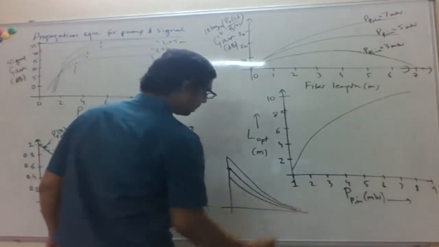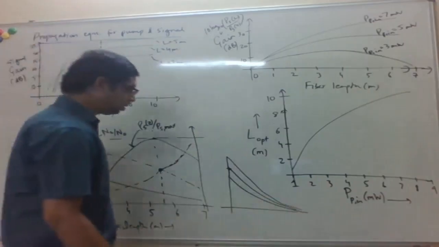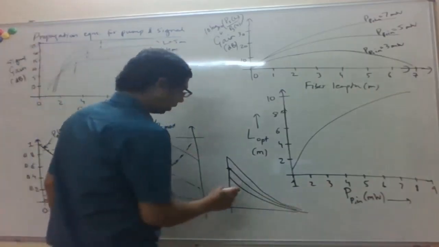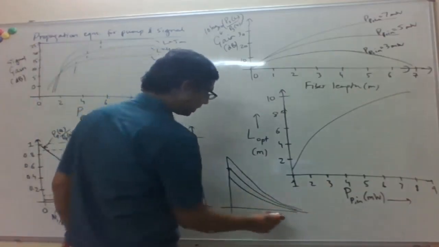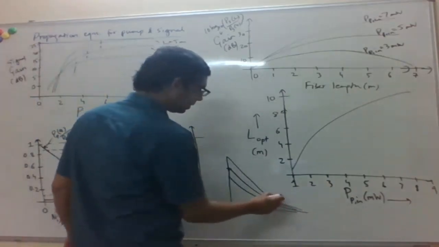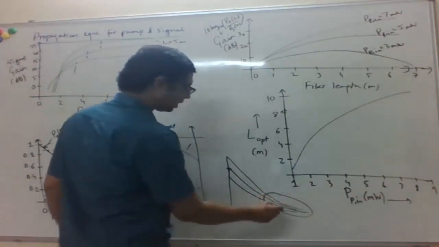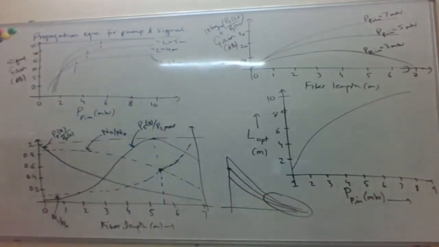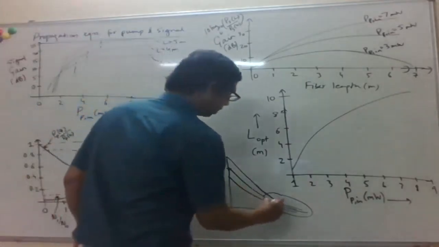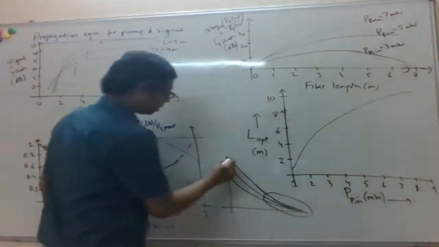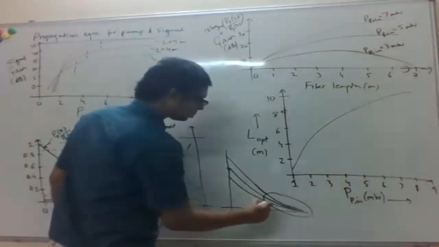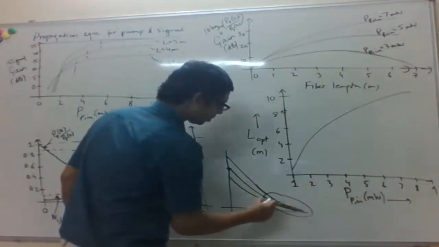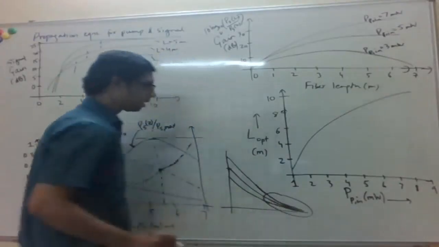For a given fiber length, this is the length, beyond some point the pump has decayed so much that the change in input pump power is not giving you much gain at all, because irrespective of where you start from, they all decay.